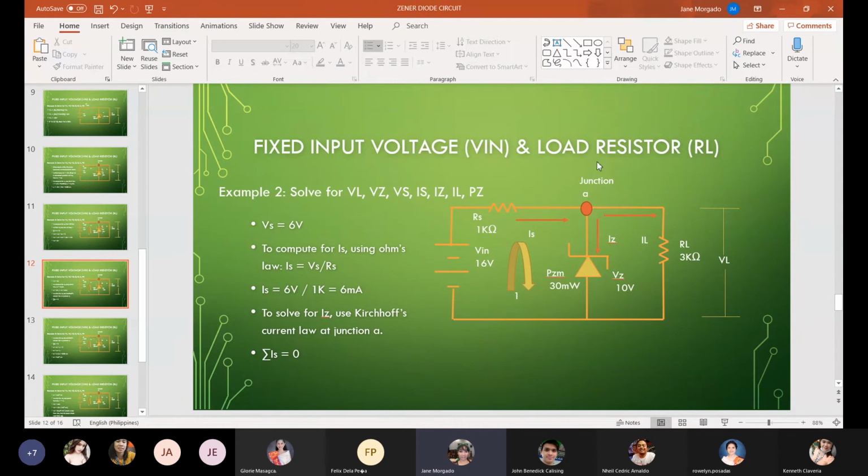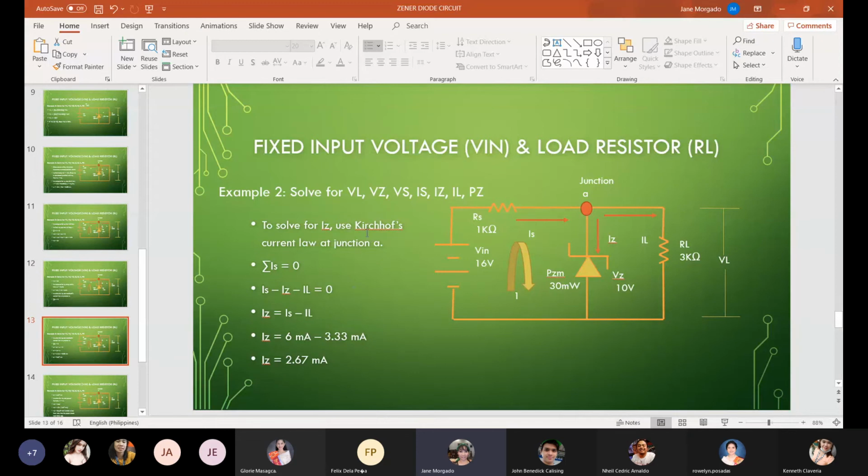Okay, so pag current law naman, KCL, yung pumasok positive, yung lumabas negative. So this is basically IS minus IZ minus IL is equal to 0. So at junction A, IS minus IZ minus IL is equal to 0.